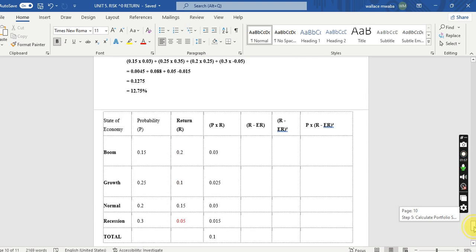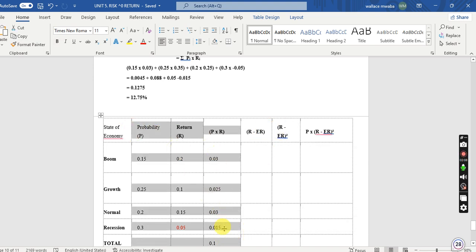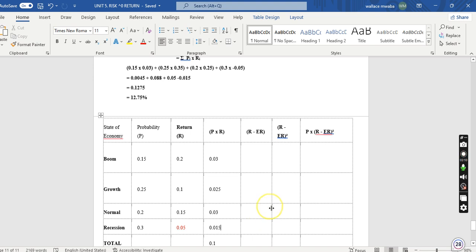Okay, colleagues, this is how we calculate the standard deviation. This information here, we've already calculated it. We've got our expected return. Now I want to calculate our standard deviation.